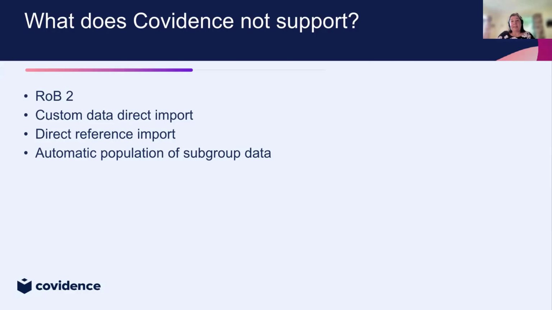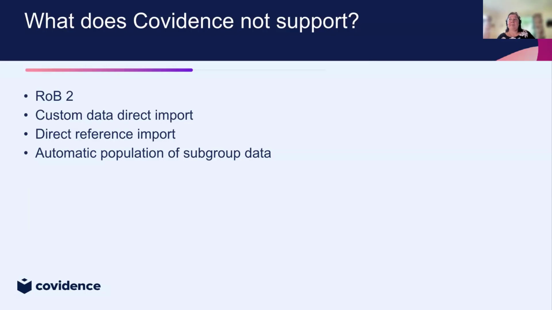We don't currently support direct reference import. So just bringing across those CSV files won't automatically populate the included studies or excluded studies for you. So that's why when you're planning everything prior to starting the imports, you need to bring over the reference file. So in references, you select the included studies and export that file first of all.